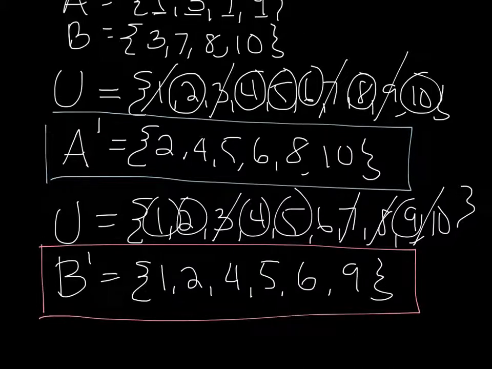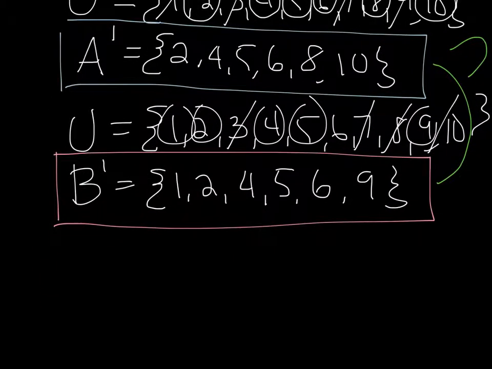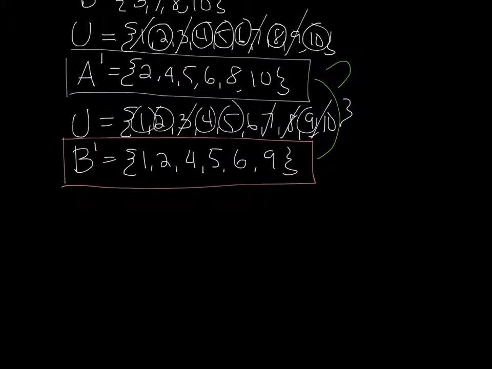Okay, so now we want to find, let's see, this green, right? We want to find the intersection of those two sets. So what's in common? Let me move this up, make it a little bit smaller.